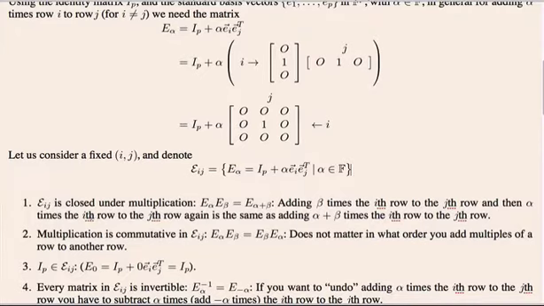So what we can see is that this set is actually closed under multiplication, which means that E alpha times E beta will be E sub alpha plus beta. It's actually not so trivial, but it's possible to do this using the structure of the matrix.